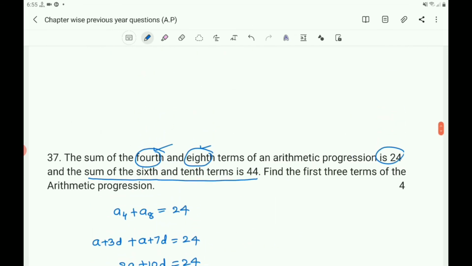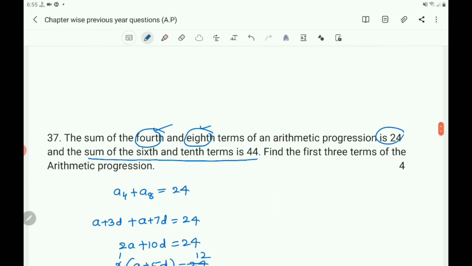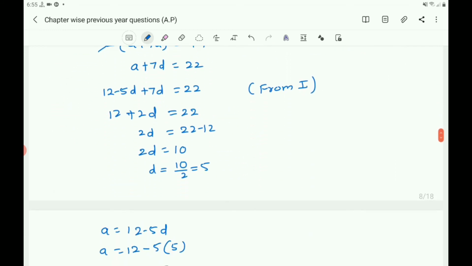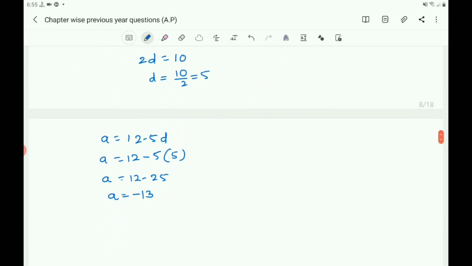Here in this question what you have to find out? First 3 terms of the arithmetic progression. So the first 3 terms: a1 = a, that is −13. a2 = a1 + d, that is −13 + 5, which becomes −8.